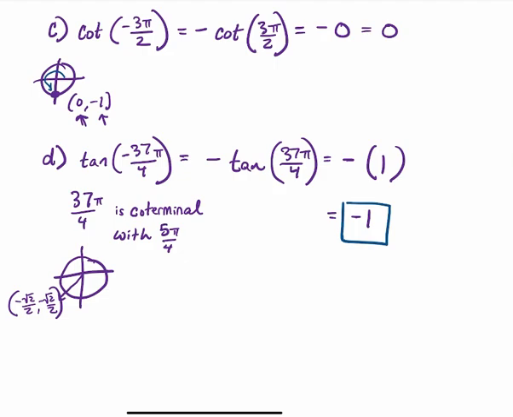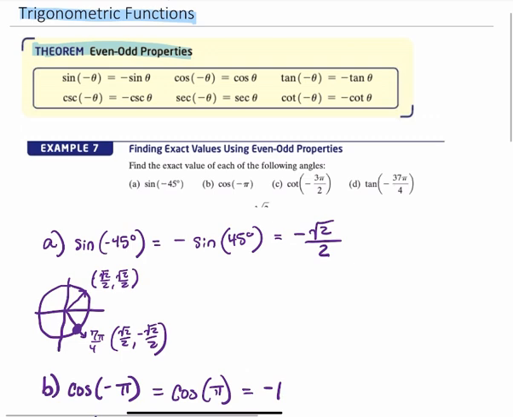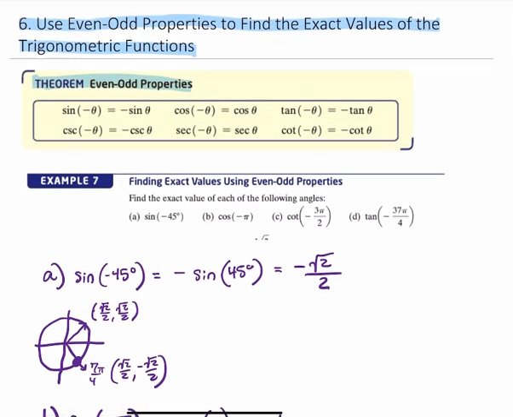I will say just from practice, I probably use this strategy the least often, these even odd properties, but it is something you can use, and maybe there's certain problems where this will be the key property that's going to make things work out. I can think of some times where that happened. But there's a few different ways to solve each of these types of questions. We're just trying to show these different methods and the different identities and properties that you can reference in order to arrive at the solution.